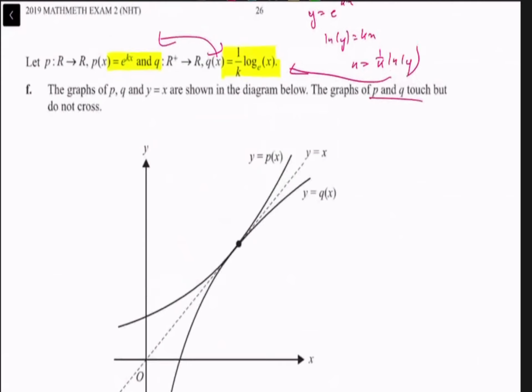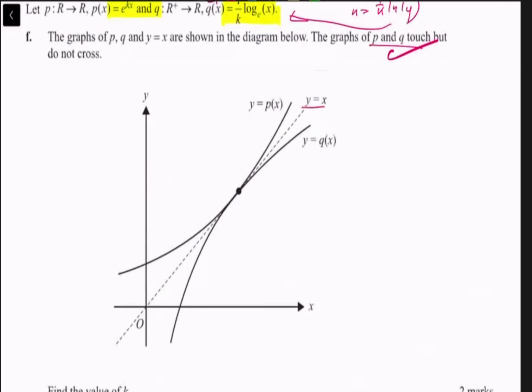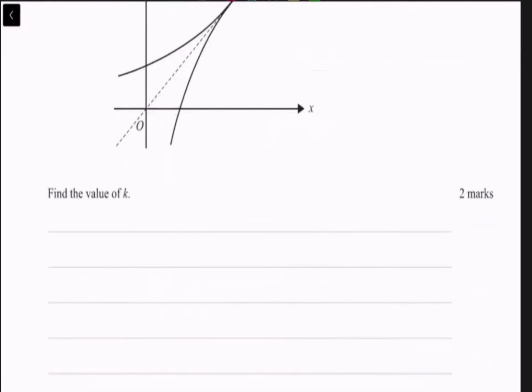Then we use that knowledge with the fact that they touch but don't cross. Anytime inverse functions touch or intersect, it's going to be on y equals x. If they touch but don't cross, the gradient at that point is parallel to the y equals x line.